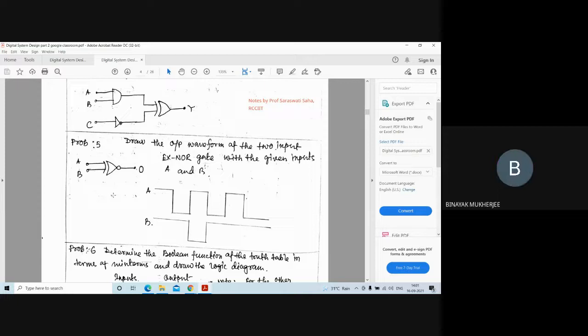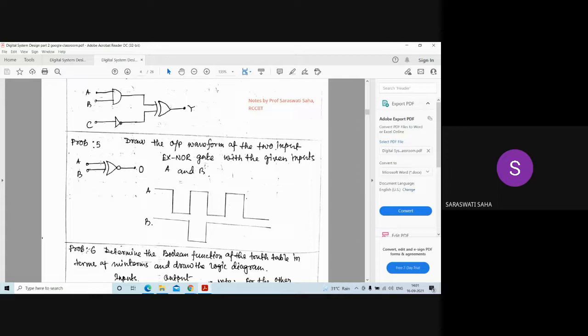A XOR B, the complement of that is XNOR. Okay.